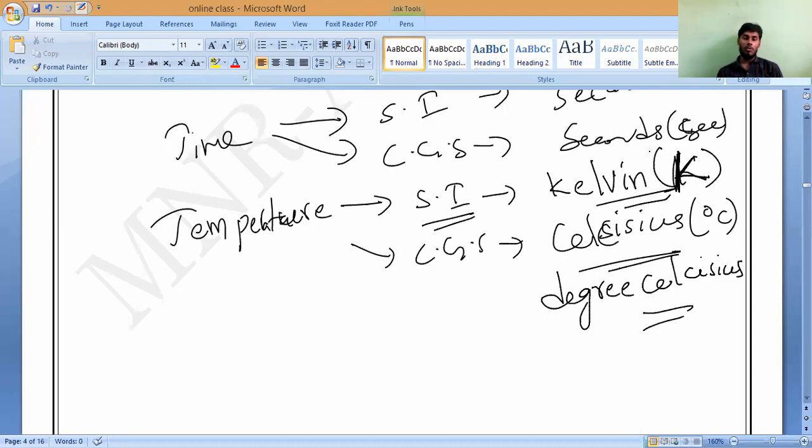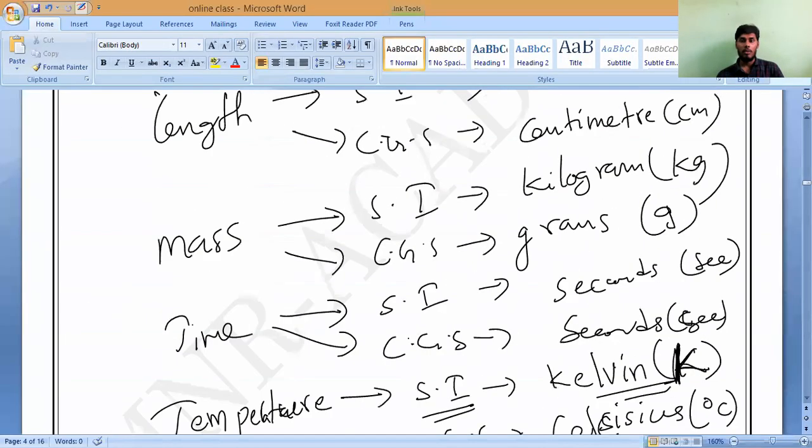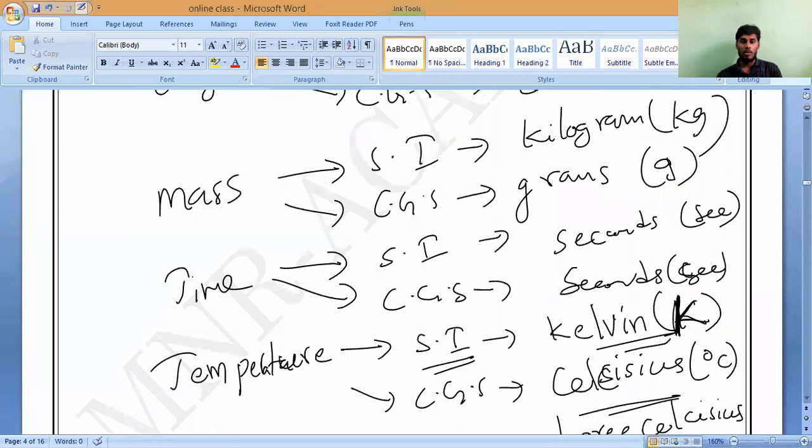So this is what we call units of different things. If you want, you can note it down, please, all of you. Have you noted down? Please, slowly note it down. No issues.